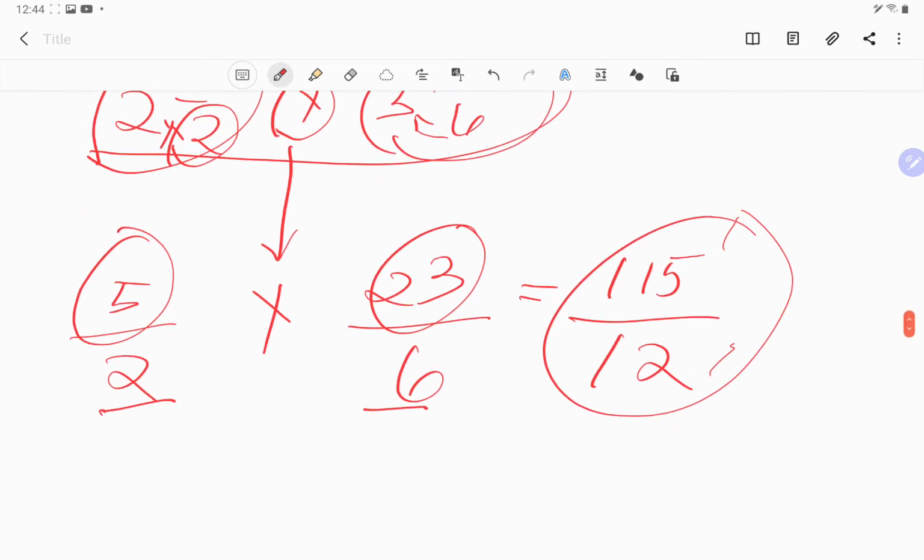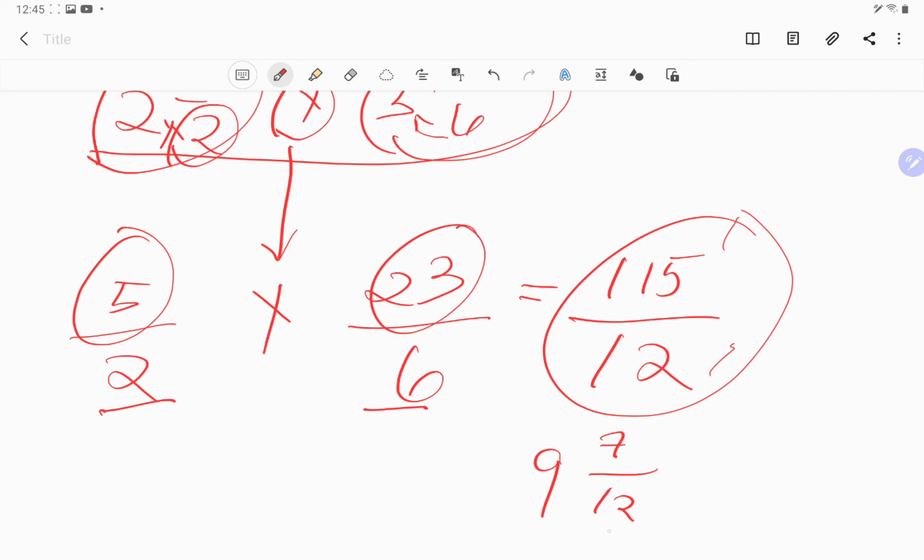Okay, try natin. So, ilang 12 ba ang makukuha mo sa 115? Ilang 12? So, 100 ba? Ay, 10 ba? Hindi, di ba? 9 lang. There are 9 12 inside 115. So, ang denominator is already 12. So, kakopy lang natin yan. Ngayon, kung kinuha mo yung siyam na 12 sa 115, ilan na lang natira? 7 na lang yung natira.